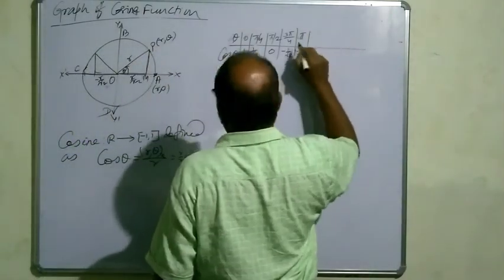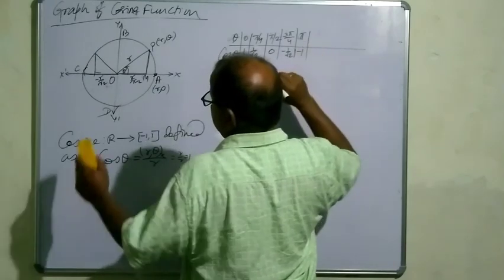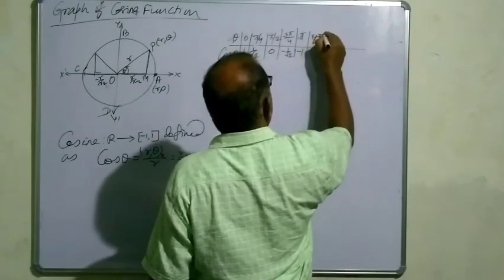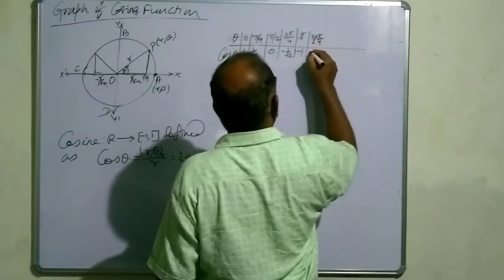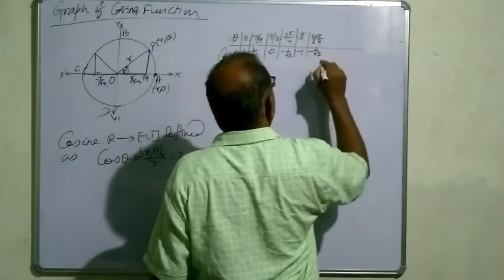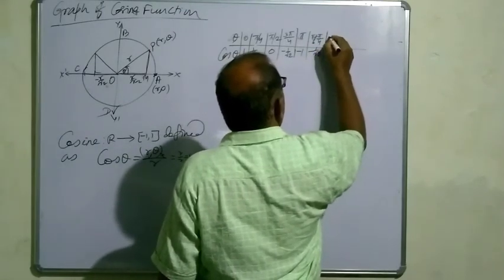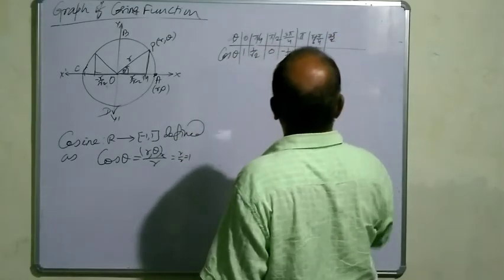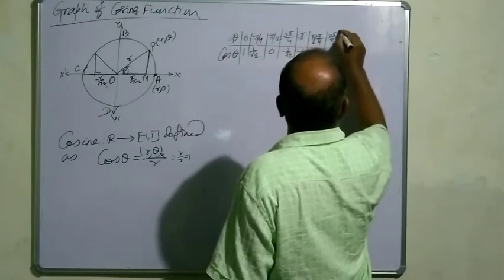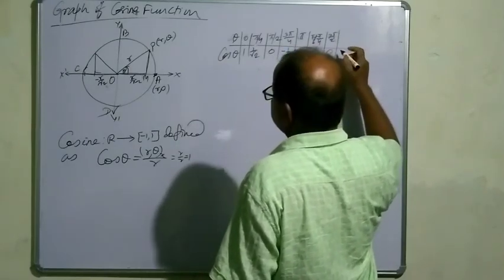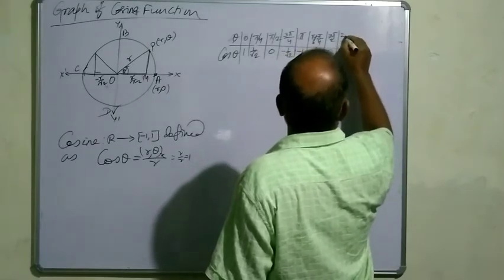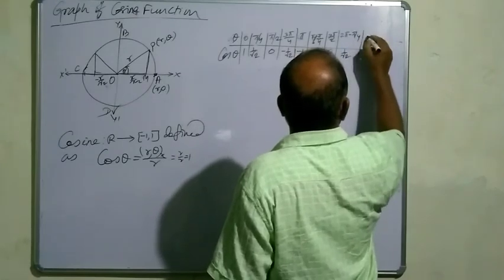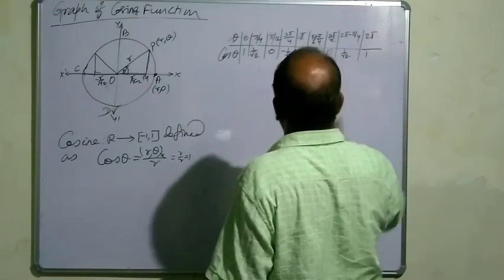After that, at pi plus pi by 4, it will again be negative, minus 1 by root 2, and at 3 pi by 2 it will be equal to 0. After that it will increase, that means at 2 pi minus pi by 4 it is again plus 1 by root 2, and at 2 pi it is again 1.